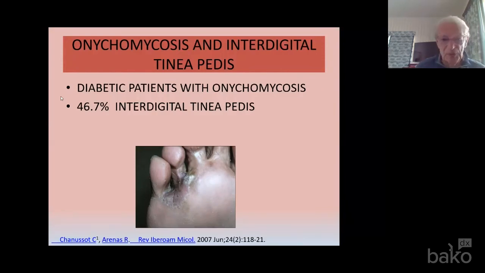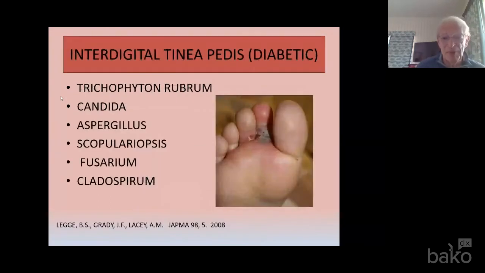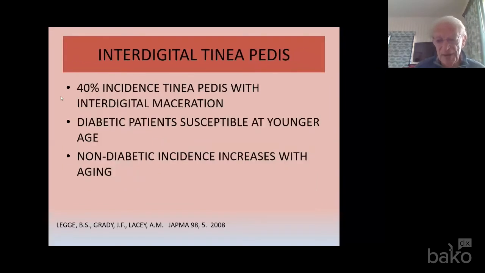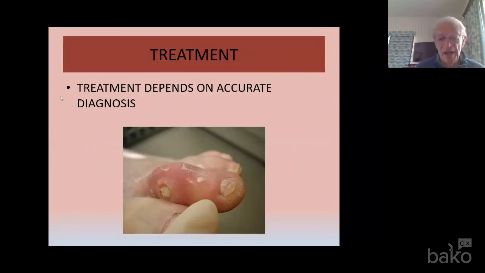Here's one particular paper showing an incidence of 46+% of patients with diabetes having toe web space infections. And again, the organisms range from common dermatophytes to saprophytic fungi to candida. So identification of the organism that's infecting here again is important. Diabetic patients seem to be more susceptible at a younger age to these problems, and in the non-diabetics it increases with aging. So how do we approach treatment then in these patients?